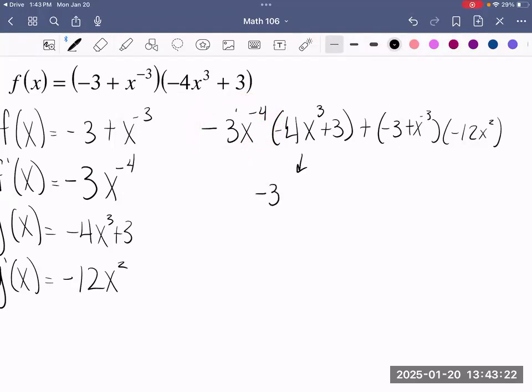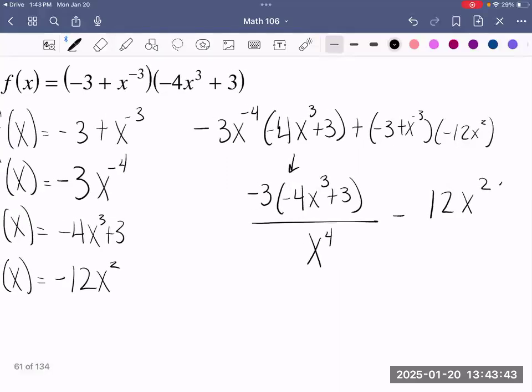Now this negative 3 still has an exponent of 1, so we'll keep that there. Negative 4x cubed plus 3. And we're going to write your x to the negative 4 down below. And then over here, we can say minus 12x squared. And then negative 3 plus 1 over x cubed. So this is how we could, in total, simplify.